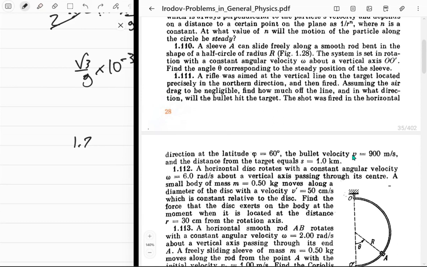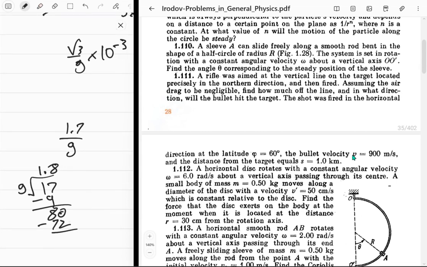This 1.7 is good enough, I think. 17 upon 9 is anyway just 1.9, and then divided by 9 is approximately 0.2.